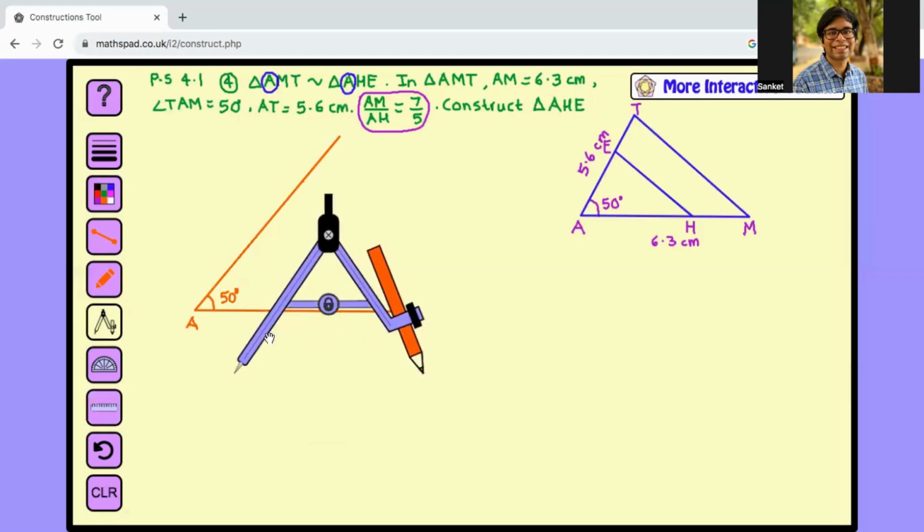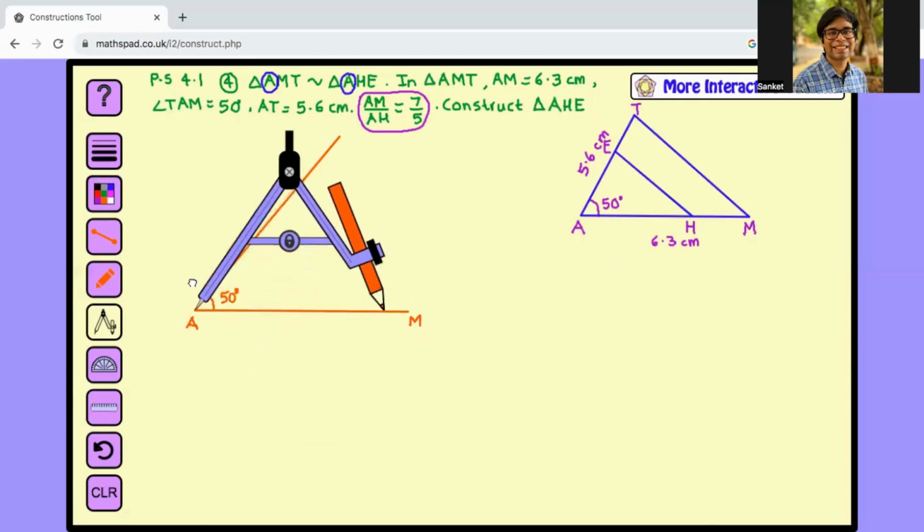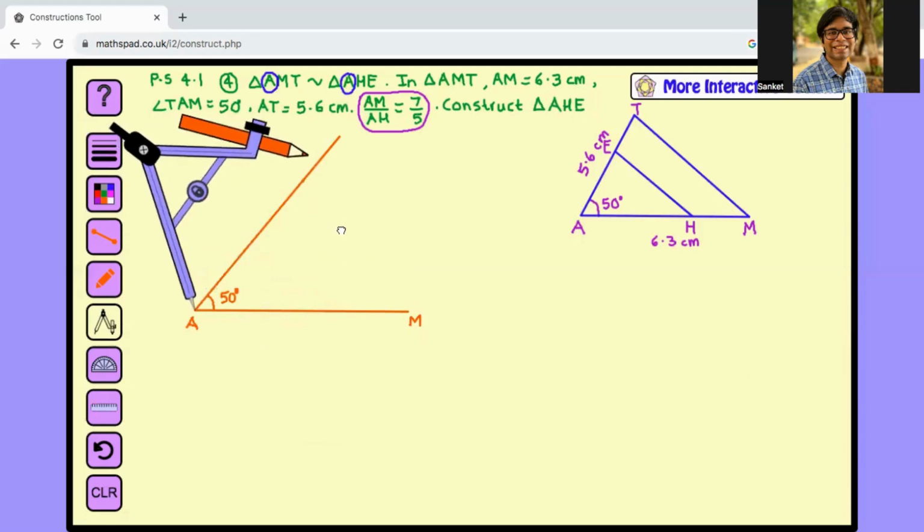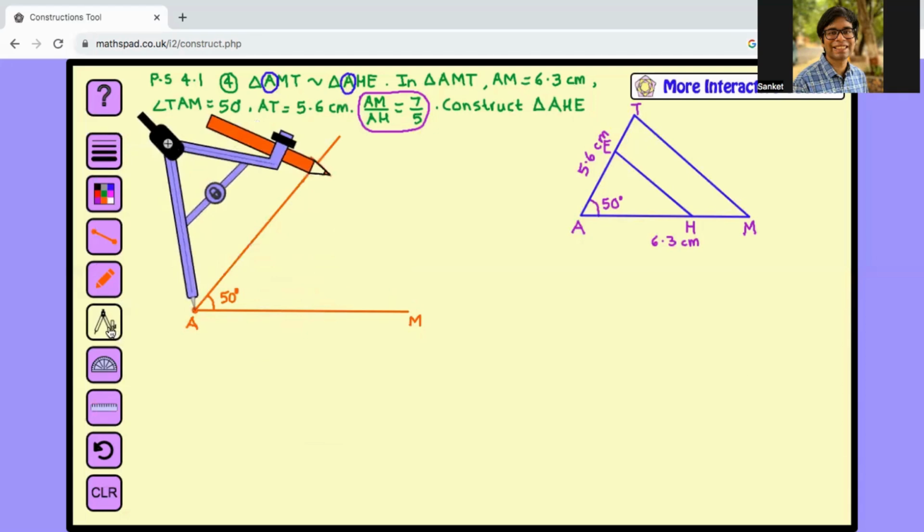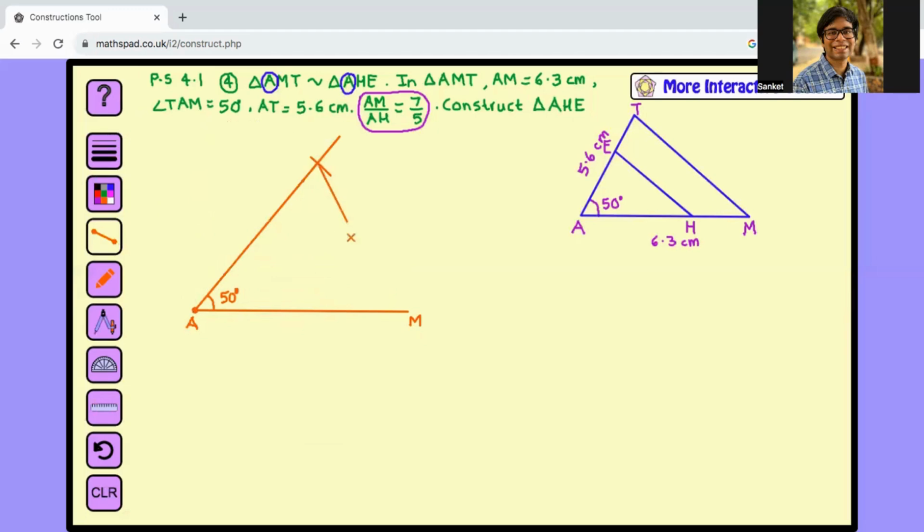I'm going to fix the distance, keep the scale away, put my compass at point A and mark 5.6 here. Keep my compass away. Now I need to join this point to M so that my bigger triangle TAM is ready. I'm going to quickly label this point as T.